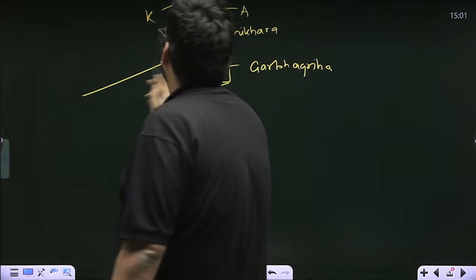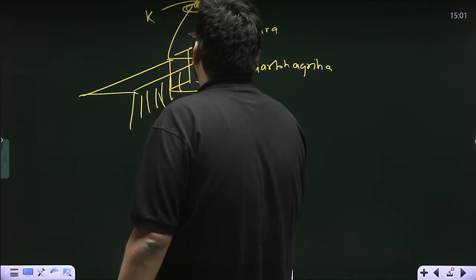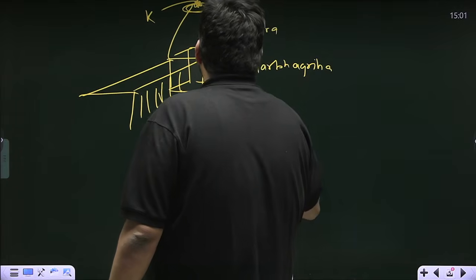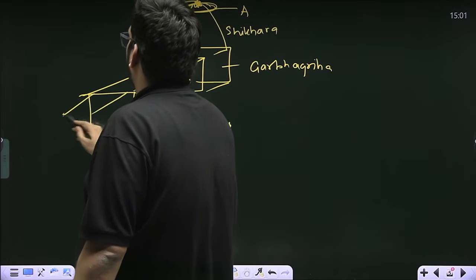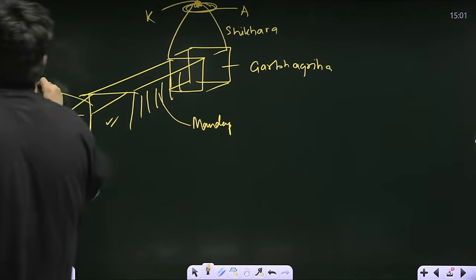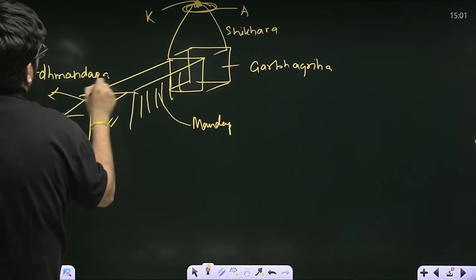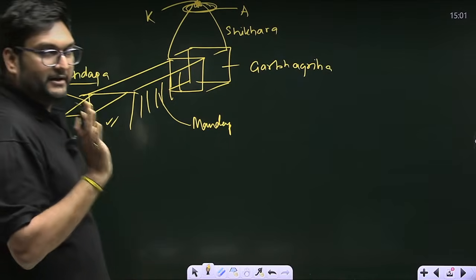Then we have the Mandap, which is the congregation hall. And then we have something called the Ardha Mandap, which is equally important, which is the entry. These are considered to be the basic components of temple architecture.